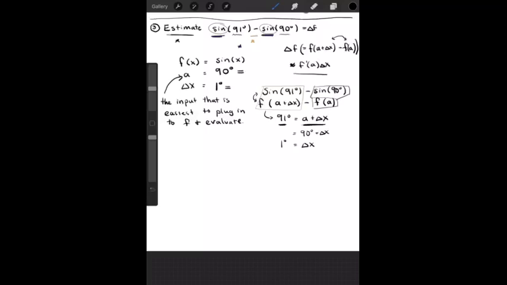So 90 degrees is going to be pi over 2. And does anybody remember the conversion factor? If you're having to change an angle that's not one of the obvious angles.